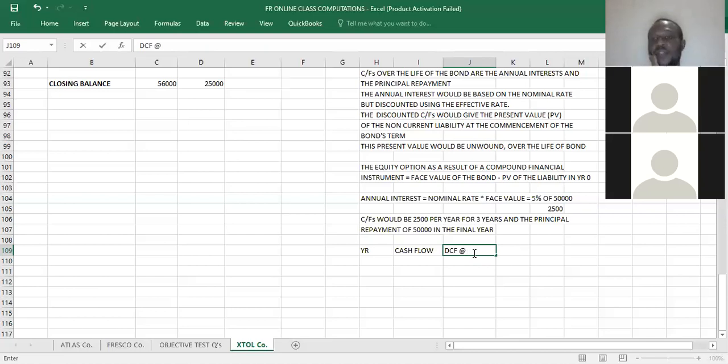The nominal rate or the effective rate? Effective rate. All right, thank you. So the effective rate, so at 8%, as the effective rate. And from there, you get your present value. So our present value will be equal to the cash flow multiplied by the discount factor.